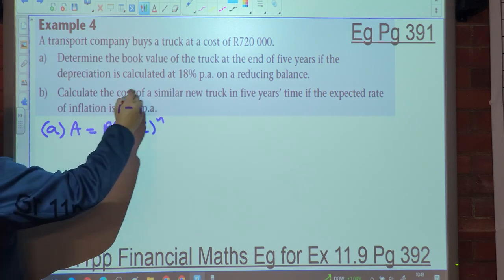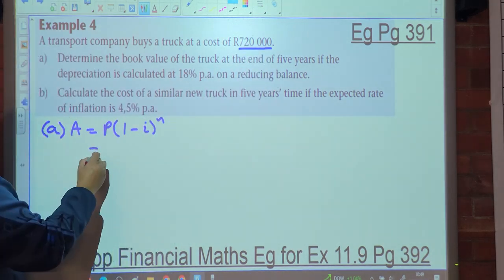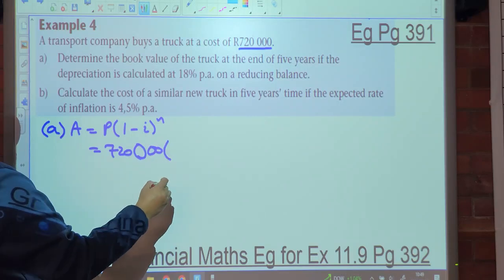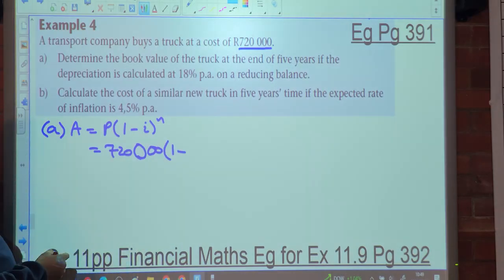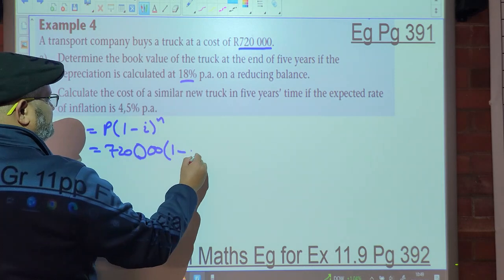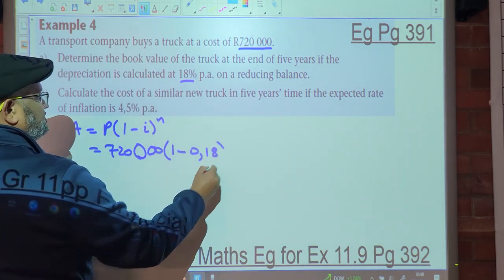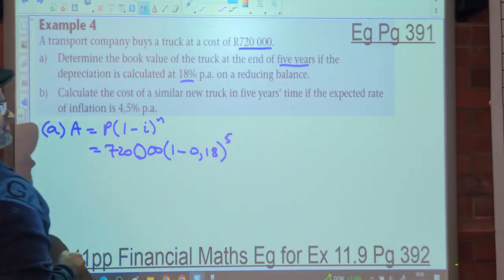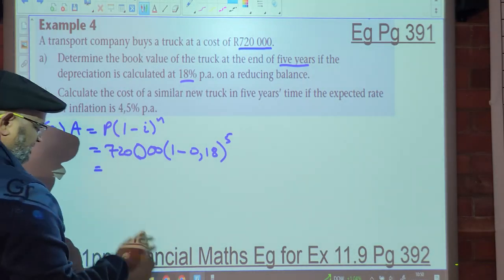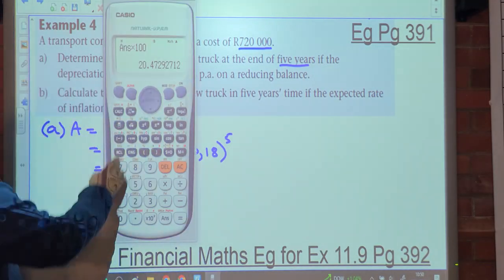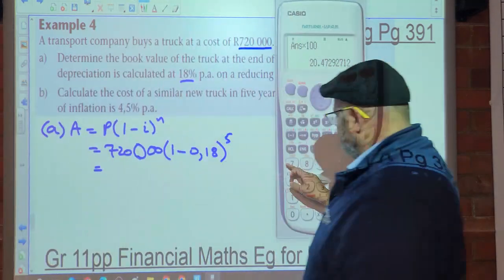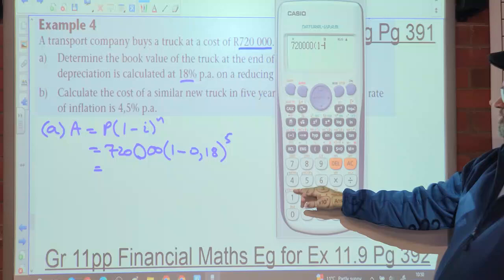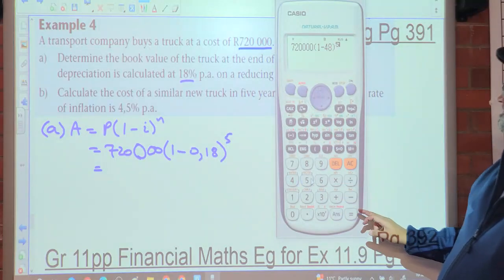What's your P value? 720,000 into 1 minus your I value 18%, so 0.18 to the exponent 5 as it is for 5 years. Let's see what we get. 720,000 into 1 minus 0.18 to the exponent 5.